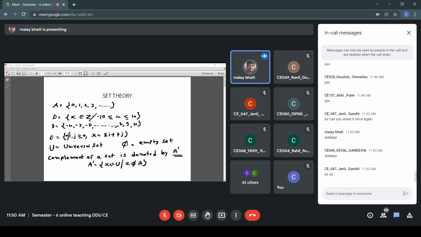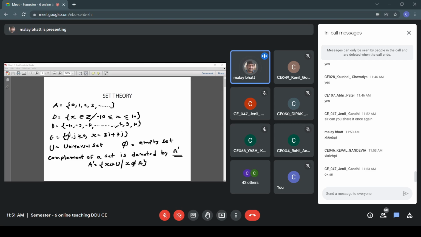Also, I can represent the negative numbers, 0, and positive numbers, as you can see in the set: minus 10, minus 9, minus 8, then 0, and we have 8, 9, 10. So you can represent the set as a list of numbers if it is a finite set.